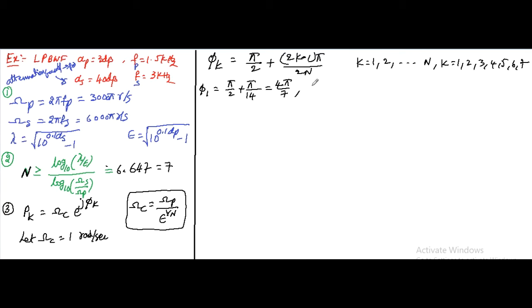So here I have written phi 1, and similarly find phi 2, phi 3, phi 4, phi 5, phi 6, up to phi 7. Now I am writing those values directly here.